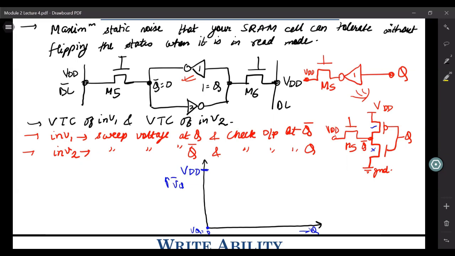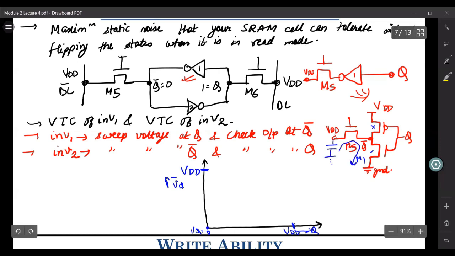Now what happens when your VQ is VDD? Your PMOS turns off. However, your NMOS turns on. This is your M1. So your M1 turns on, right? Now, once your NMOS turns on, this load capacitor over here, which was CBL bar, discharges through this M1.